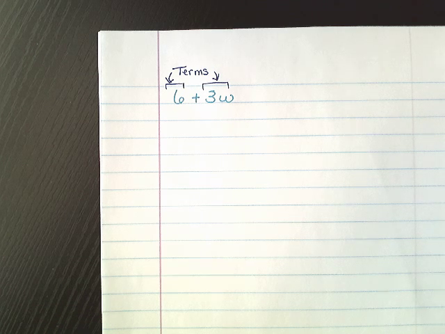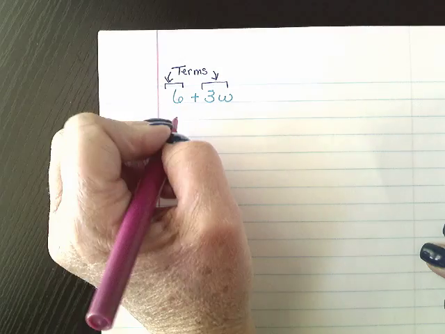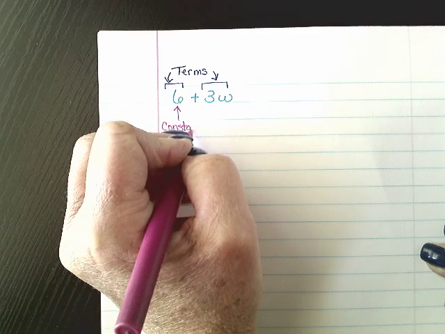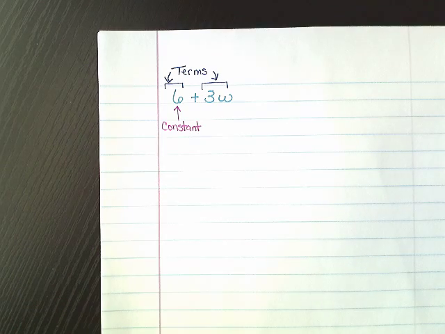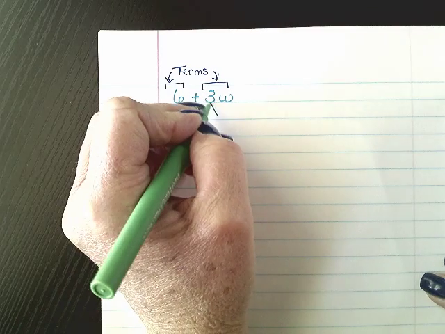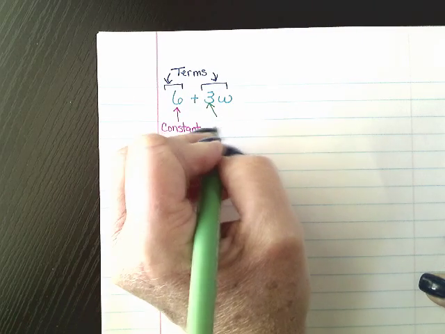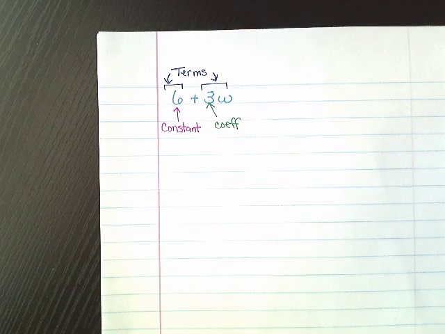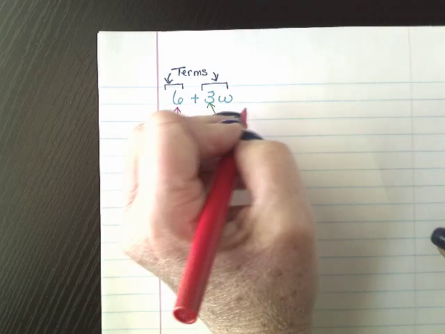We have a constant. The constant stands alone. And we have 3w. 3 would be our coefficient because 3 is being multiplied by the variable. And w is our variable.